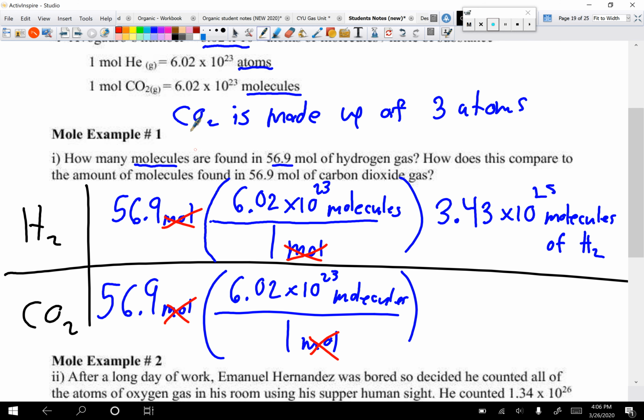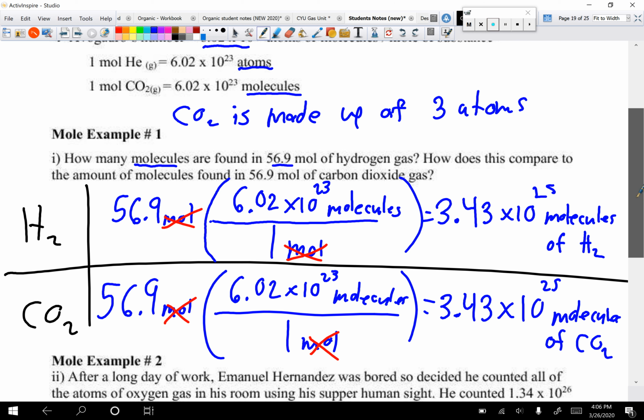We're left with units of molecules. I forgot to put in my equal sign up here, and that is equal to 3.43 times 10 to the 25 molecules. In this case, it's of CO2. Right here, just mathematically proving that, of course, if we do have the same number of moles of a particular thing, we're going to have the same number of molecules.